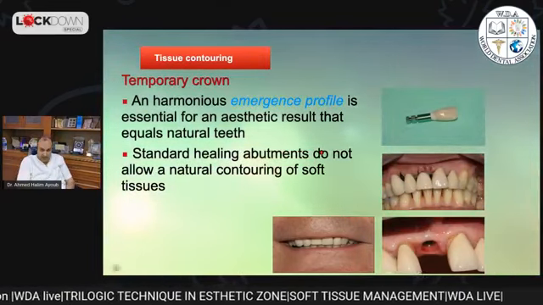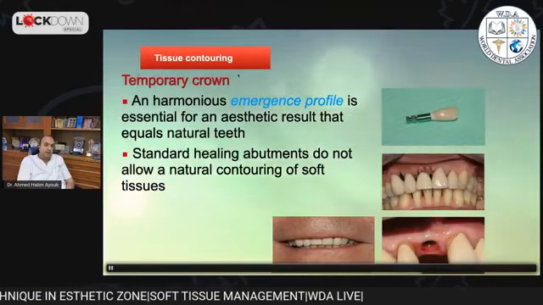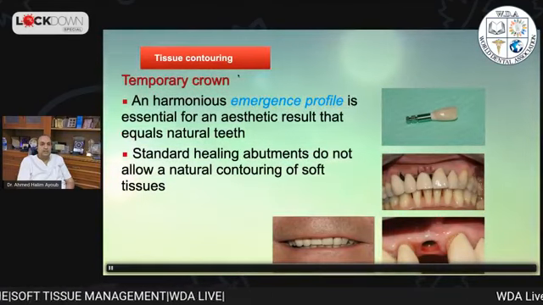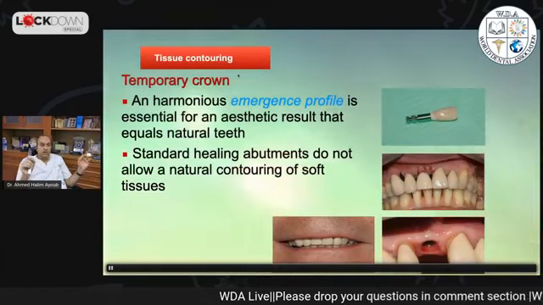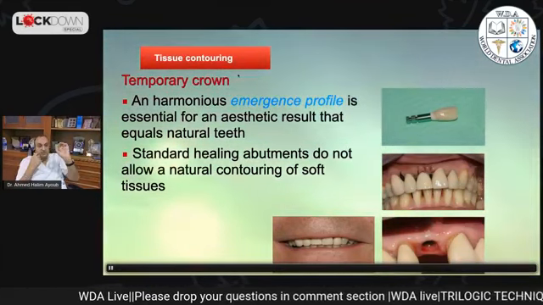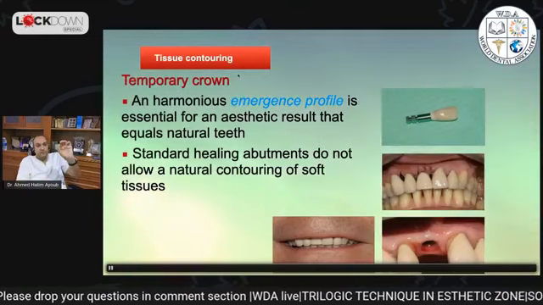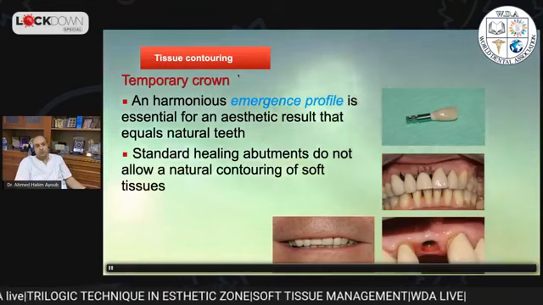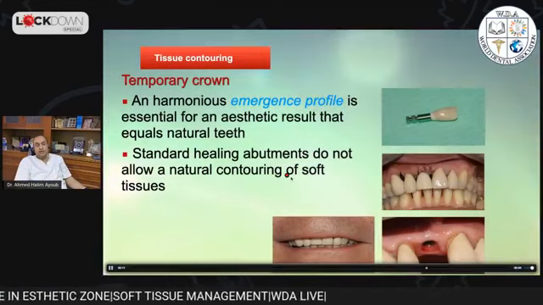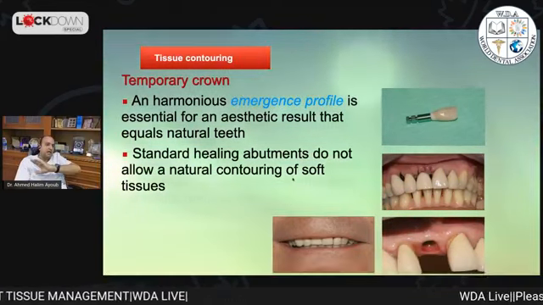Why am I using a temporary crown? Because it creates a harmonious emergence profile, and the harmonious emergence profile is really essential for aesthetic results that equal natural teeth. You need to manipulate your soft tissue. A standard healing abutment doesn't allow for natural contouring of soft tissue, but a temporary crown can do it.